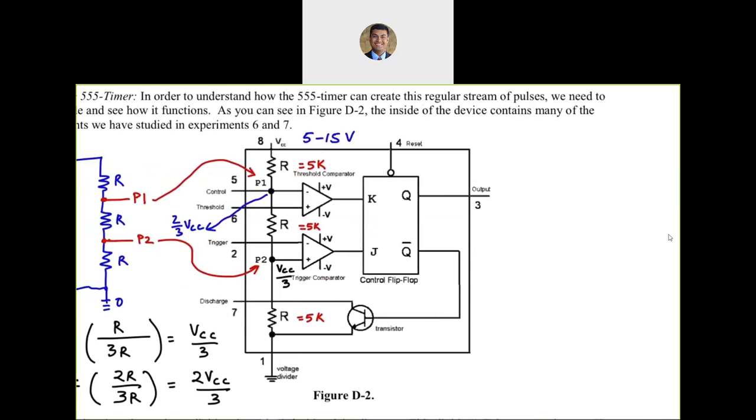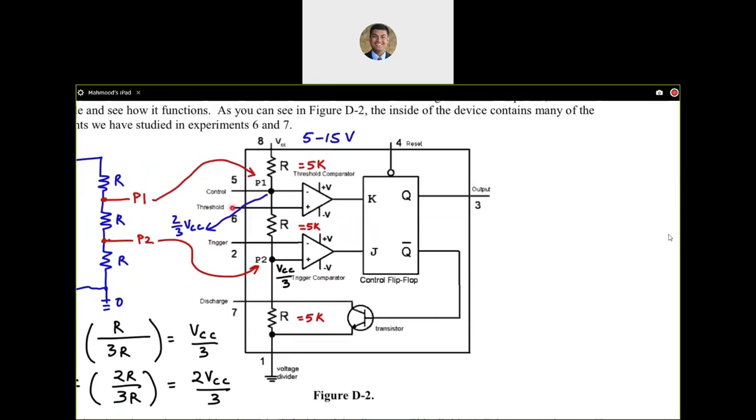But the other input of the threshold comparator is actually a voltage that is in our control. Essentially, it is the external circuitry that controls that voltage, which is the voltage at pin 6. So let me call the voltage at pin 6 V6. V6 is being compared with 2/3 VCC, which is P1.